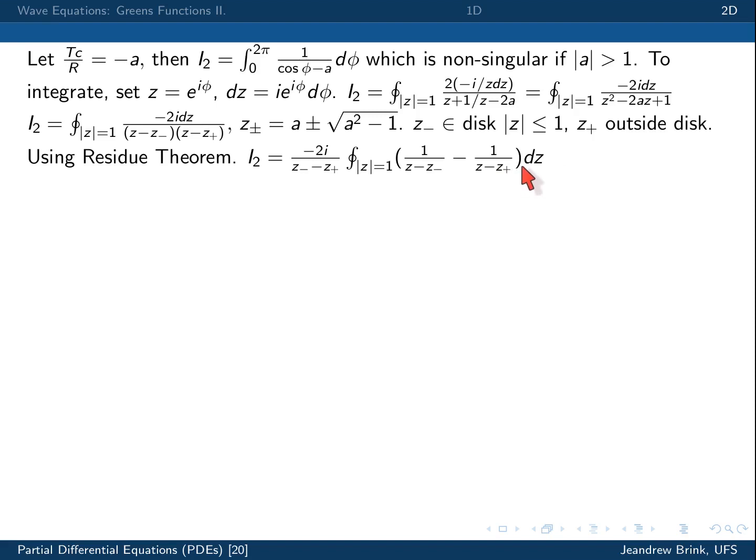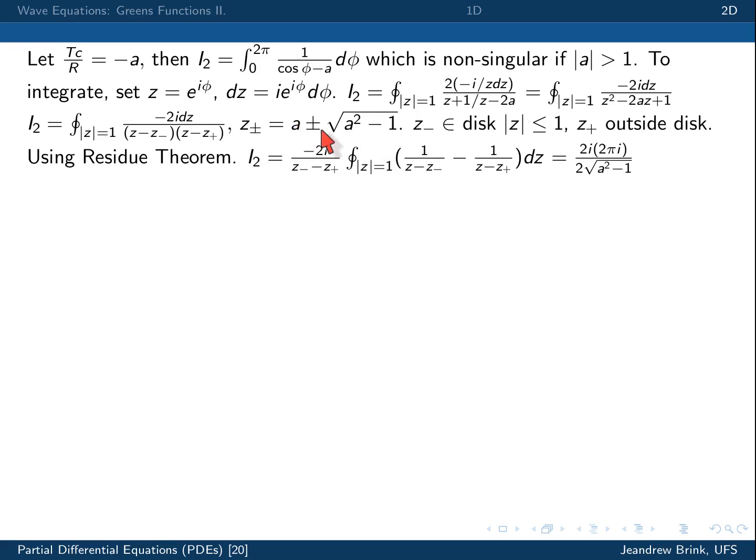Okay, and only this pole lies within the circle. So that's simply the residue at that pole times 2 pi i, and the residue at that pole is equal to minus 2i over z minus minus z plus, and you can see that z minus minus z plus is minus 2 times the square root of a squared minus 1.